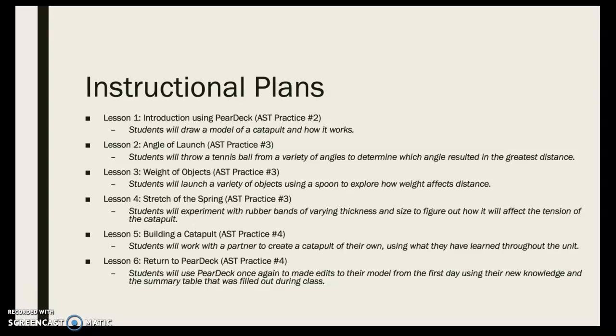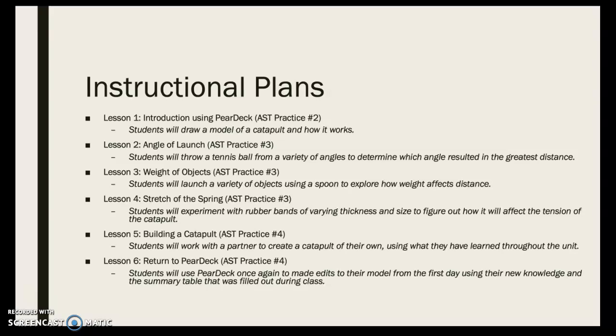The next 3 lessons are all my activity lessons, going off of ambitious science teaching practice number 3. Lesson 2 is angle of launch, so they will be throwing a tennis ball from a variety of angles to determine which angle resulted in the greatest distance.